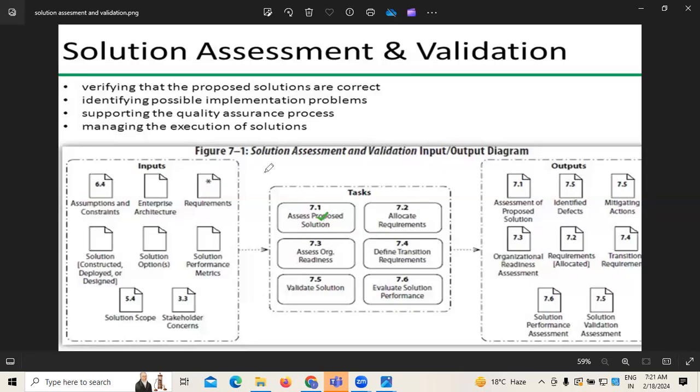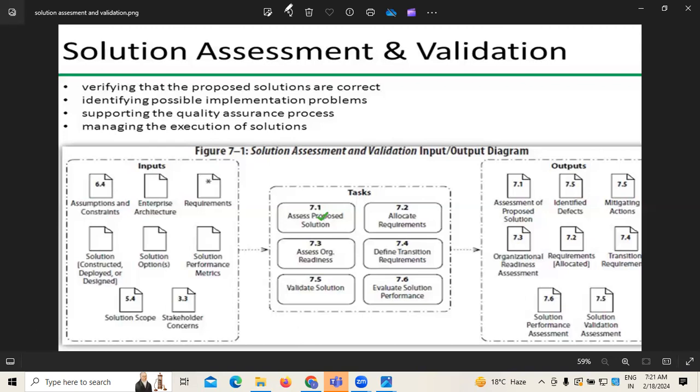These are all what we call solution assessment and validation. We have to assess the solution, and equally we need to validate the solution. This is where the final knowledge area, solution assessment and validation, comes into picture, right? So this is all about the BA part.